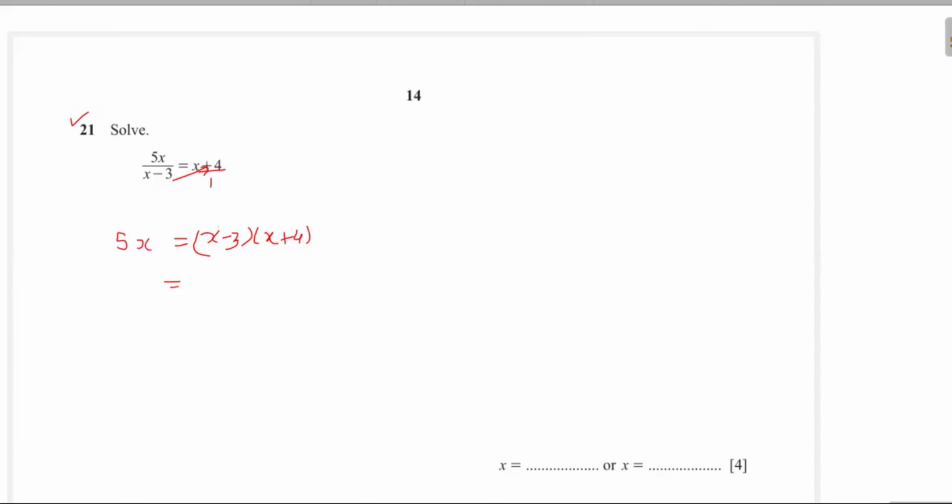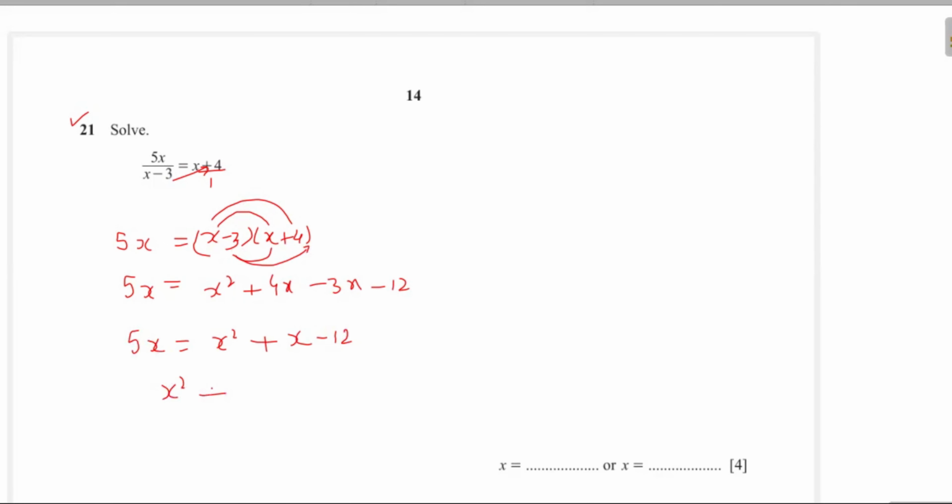Now we can write it: x multiplied by x is x squared, x multiplied by 4 is 4x, and minus 3 multiplied by x is minus 3x, minus 3 multiplied by 4 is minus 12, and 5x is written as it is. We can write it as x squared plus x minus 12 equal to 5x.